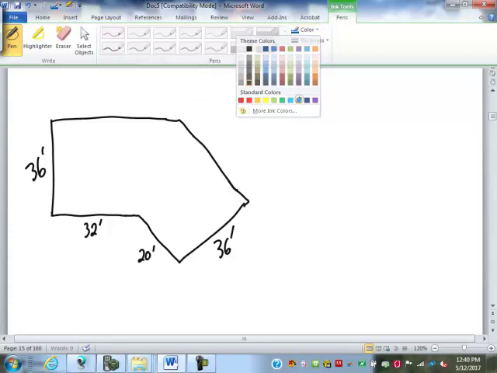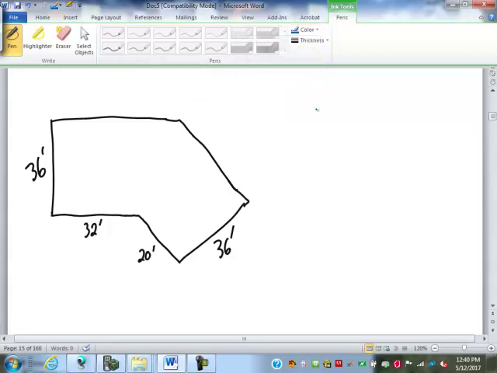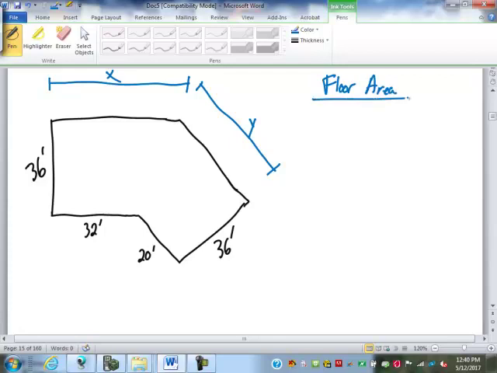So anyway, what I want to find here is dimension x, dimension y, and I want to find the floor area.